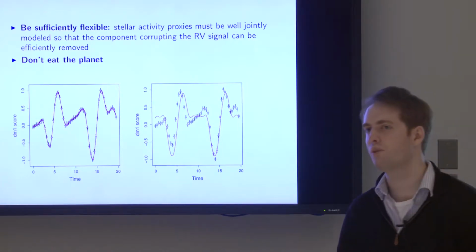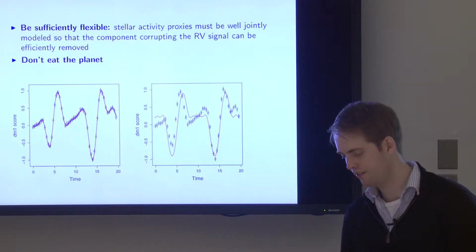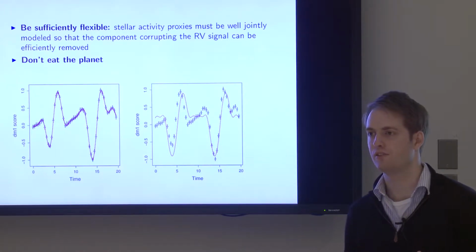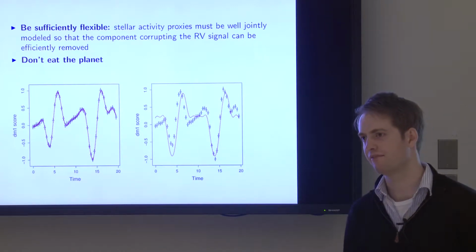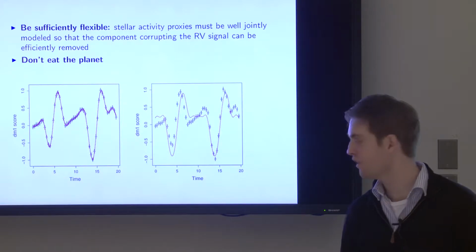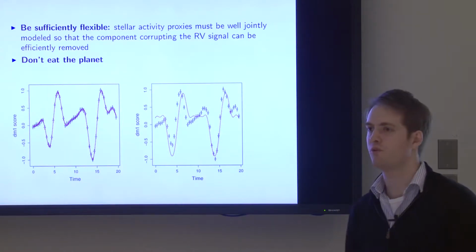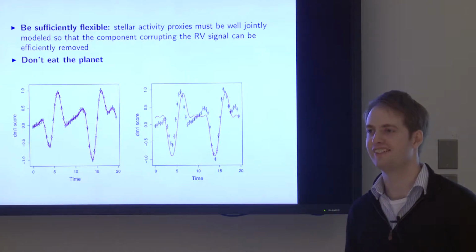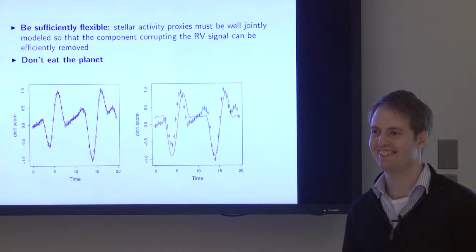No, so we try to find the best one for modeling the stellar activity, but without a planet. And that automatically guarantees the second picture? No, not automatically. So we hope that it guarantees that, but we do a test to find out if it does, and if not, we go to the next one, kind of thing, right?